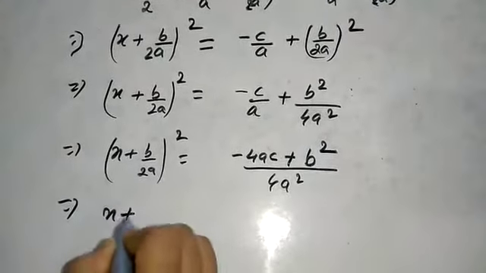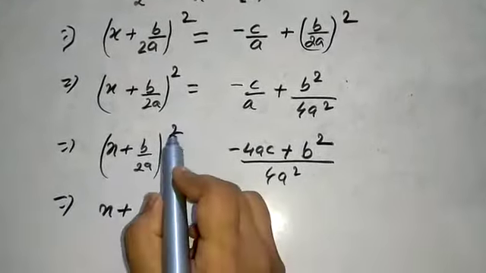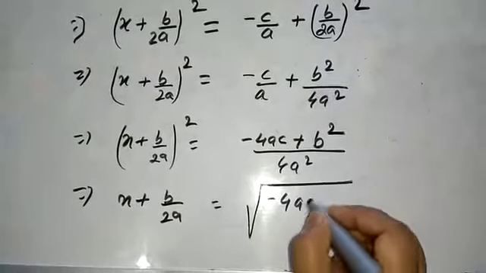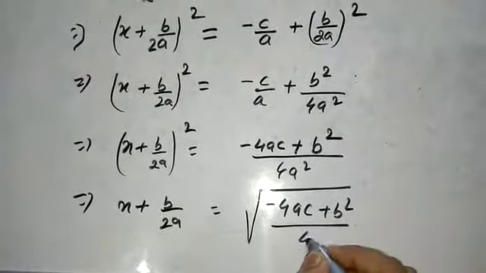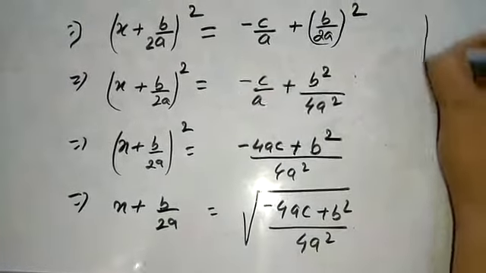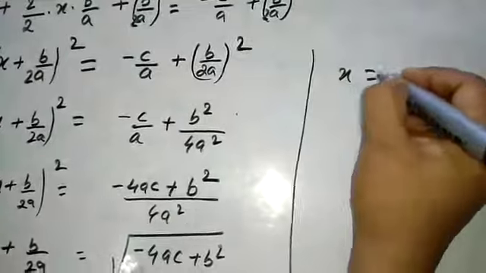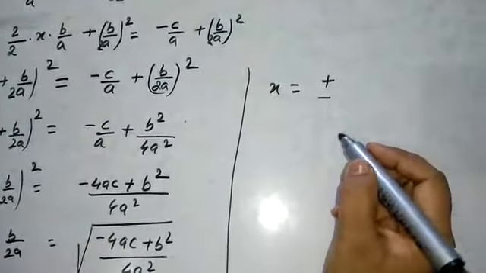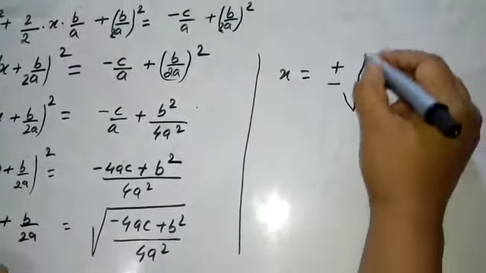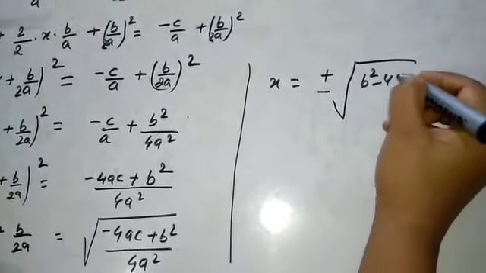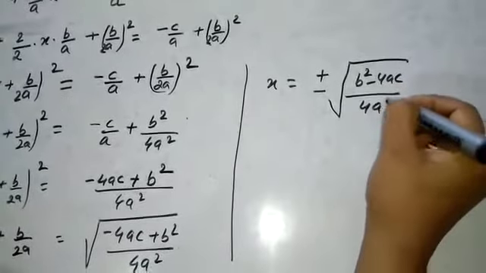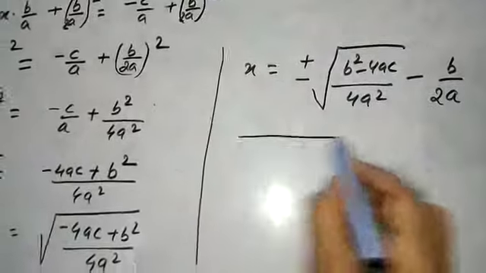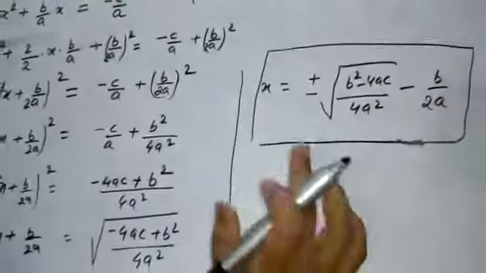Now when you shift this square to this side, it will come inside the square root, so 4ac plus b square by 4a square. It means x equals to plus minus, because whatever comes out from this root, it will come with both signs, plus and minus, root of b square minus 4ac by 2a, minus b by 2a. So this is the required solution of x.